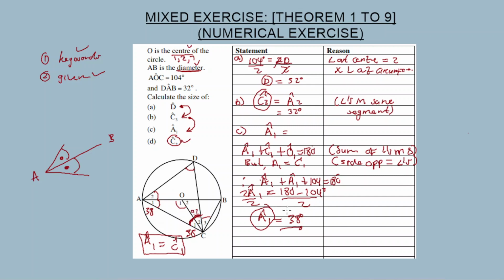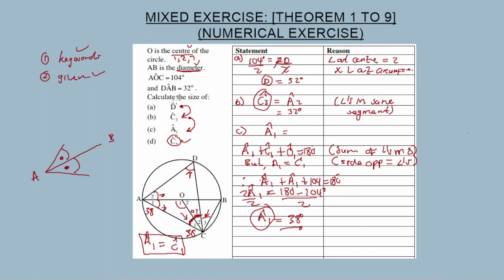How do I calculate C2 now? Definitely this angle alone cannot help me calculate C2, as well as this angle, as well as this angle, right? Unless maybe I had B, since I have A1, then I can.